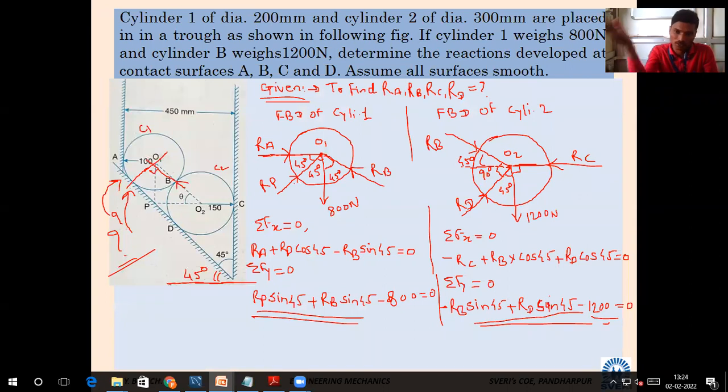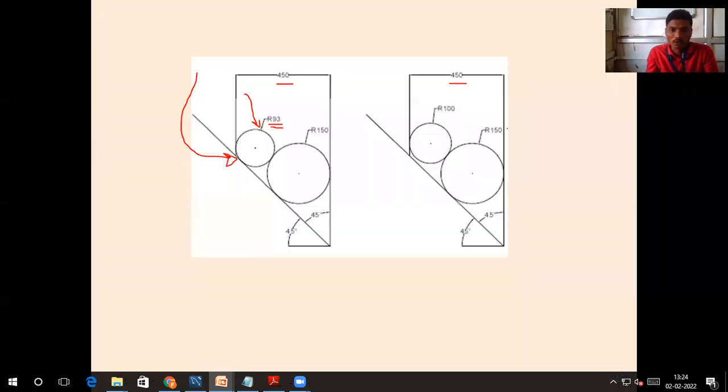Then in the second case, I drew that cylinder with 100 radius. At that time I came to know that it is not touching the inclined surface. It cannot touch, because if it is to come down from there, it would have to be 93. Then it will touch the bottom cylinder, inclined surface and vertical surface.